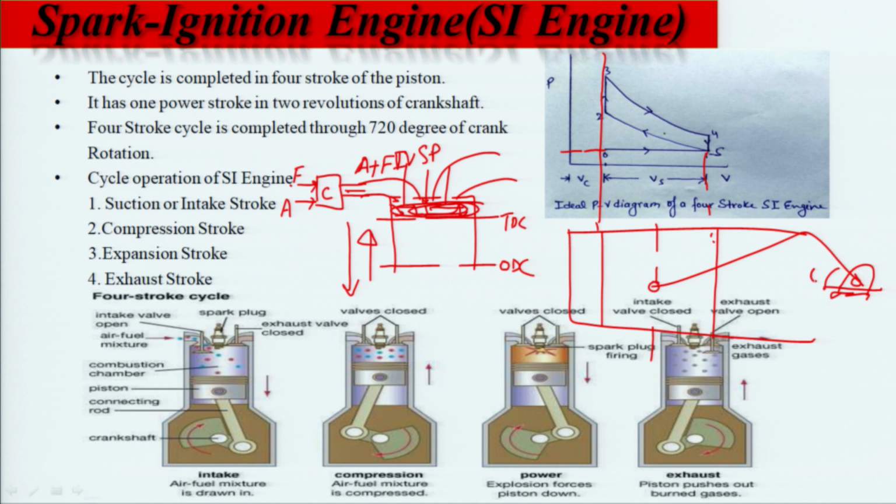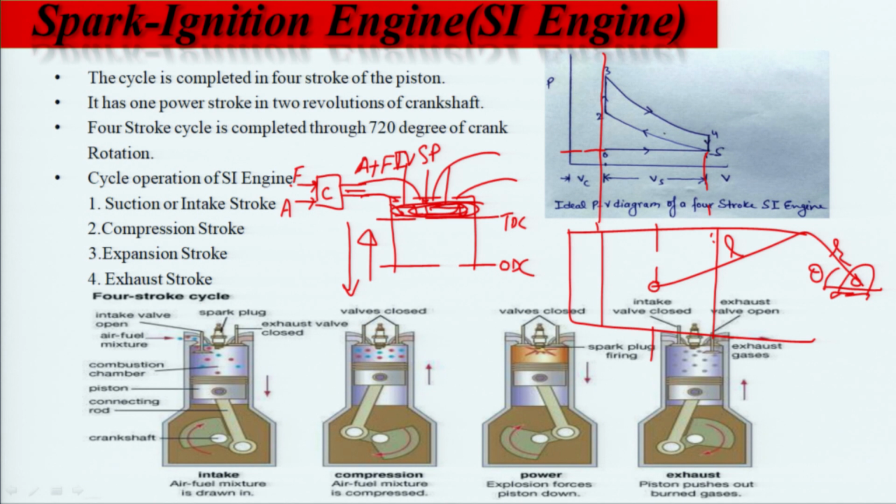This angle is the crank angle theta, the crank radius is r, and the connecting rod has length L. When the piston is somewhere in between, that location is identified with the help of crank angle theta. Theta has the value of 0 and 180 at the extreme positions.